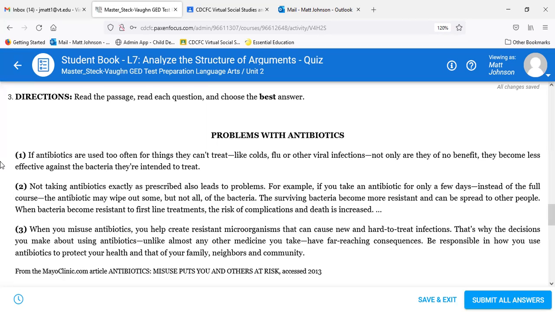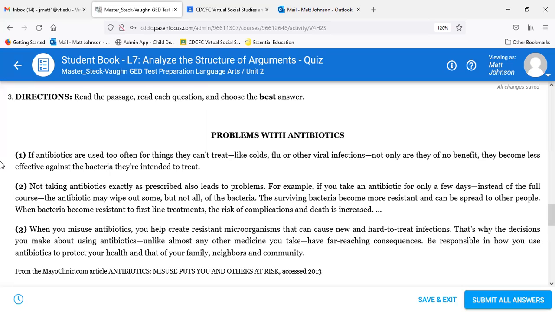For example, if you take antibiotics for only a few days instead of the full course, the antibiotic may wipe out some, but not all, of the bacteria. The surviving bacteria become more resistant and can be spread to other people.